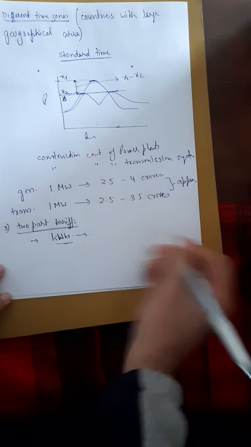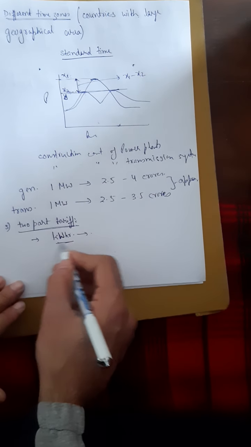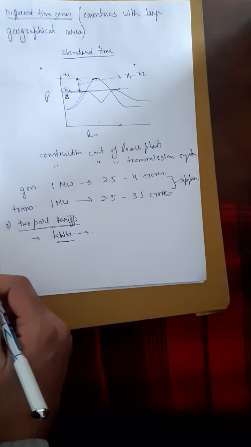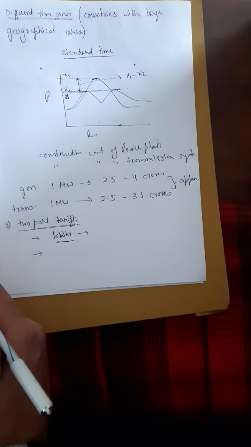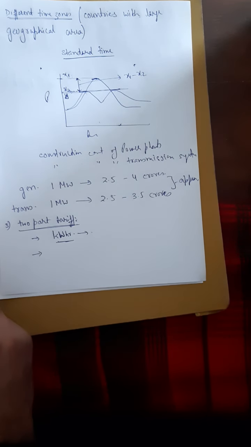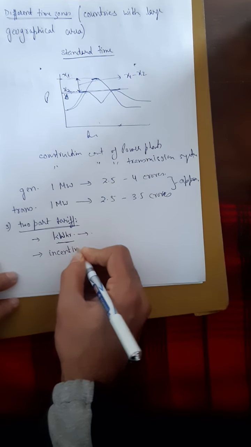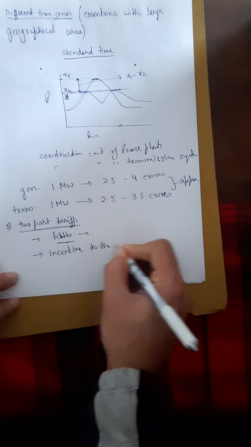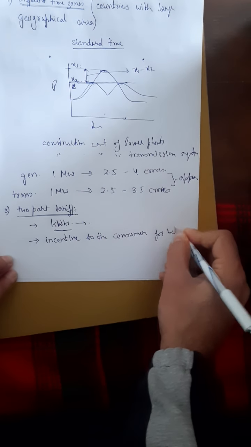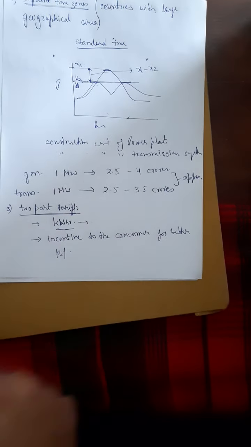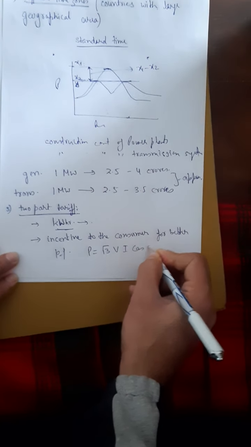So one way is that you can charge the consumer for how much energy is consumed. The second method is that you can give some incentive to the consumer for better power factor. Okay, because you know that P is equal to root 3 VI cos phi.